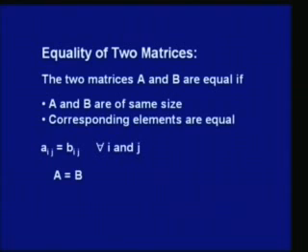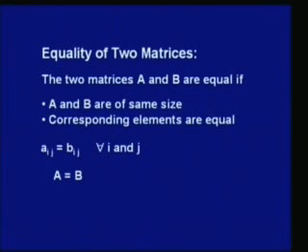Now we define operations on matrices. We say that the two matrices A and B are equal if some conditions are specified. The first condition is that the two matrices A and B are of same size.